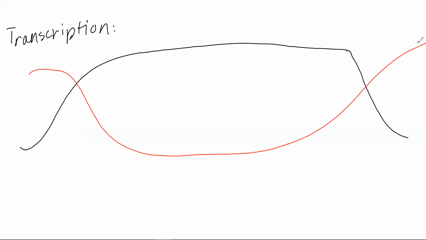So I've unzipped that DNA, and when you unzip DNA, you remember you have a 5 prime and a 3 prime end, and a 3 prime and a 5 prime end. Remember, they're opposites, right? So when I am transcribing my DNA, I'm only actually using one of these two strands. There is a template strand and a coding strand. The template strand is being used as a template for actually transcribing it. The coding strand is the other strand. That's all you need to remember, right?